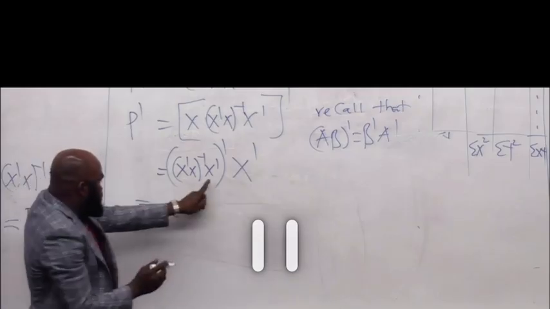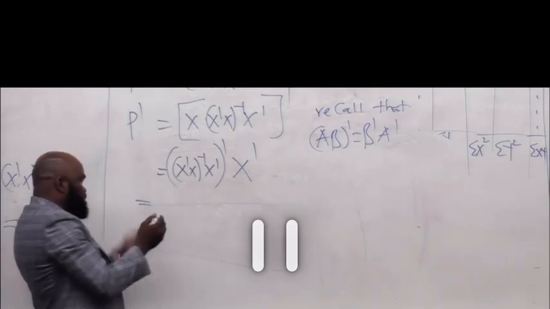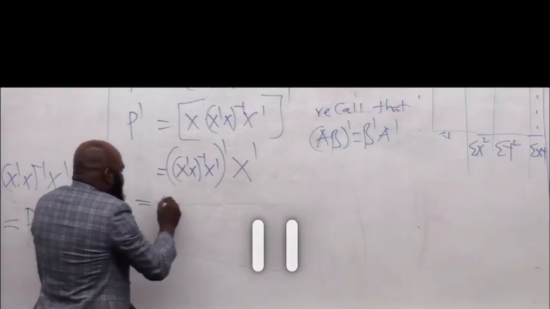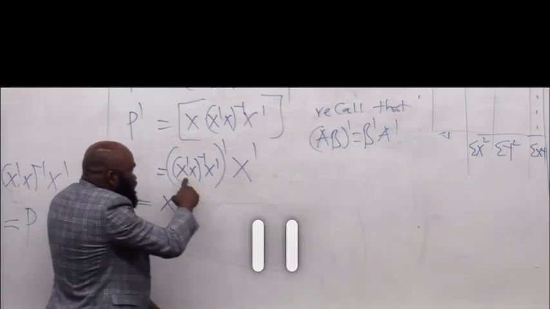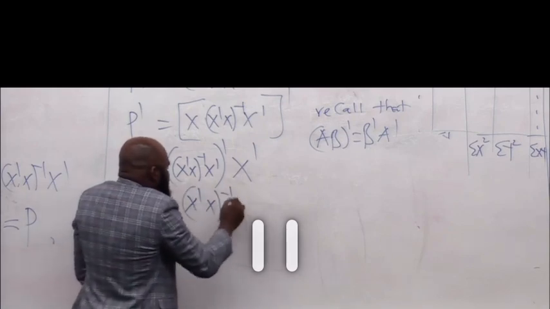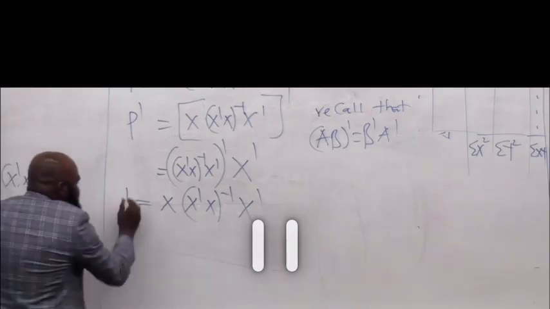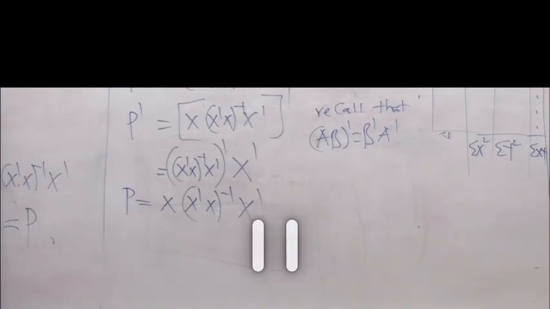Now, the transpose of a transpose gives X, and transpose doesn't work on inverse, so I'm going to have this. What am I getting right now? I'm getting back my P. And that shows that the projection matrix is symmetric.